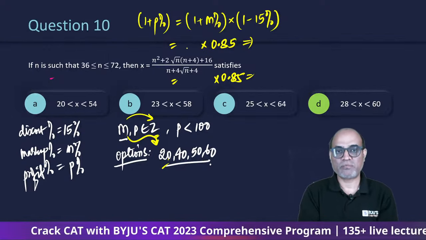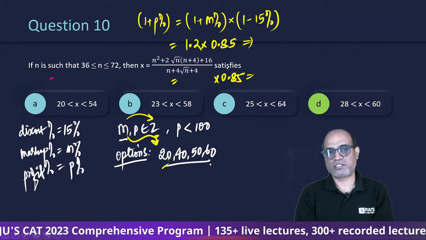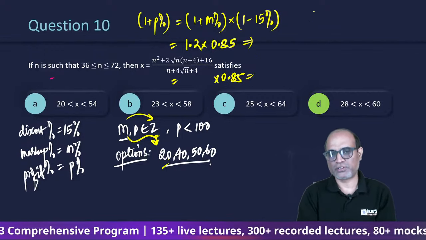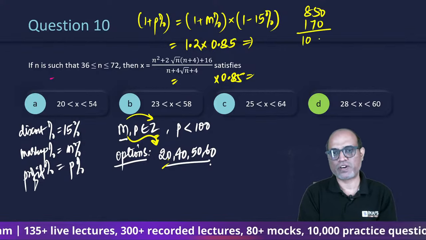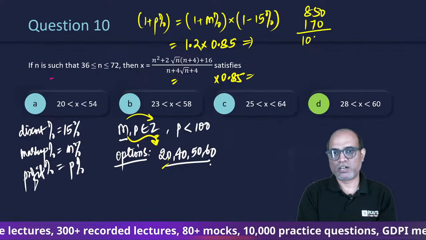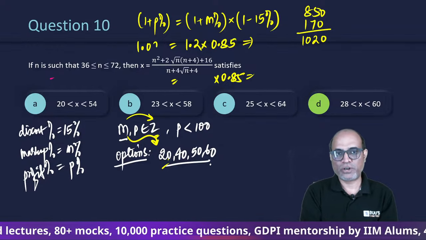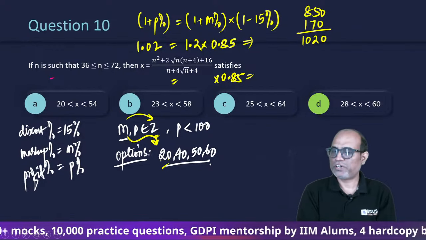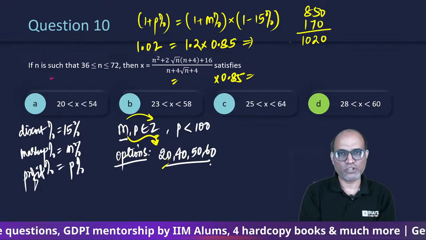So 20% markup. 1.2 into 0.85, how much is this? How much is 85 into 12? 850 plus 170, this will give us 1020. So this will result in 1.02. Perfect. Makes sense? It can definitely be. 2% profit, 2 is an integer.